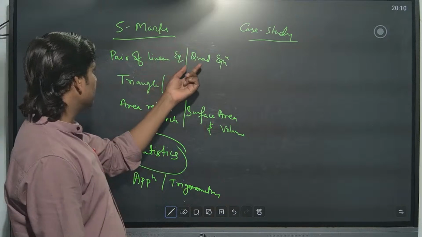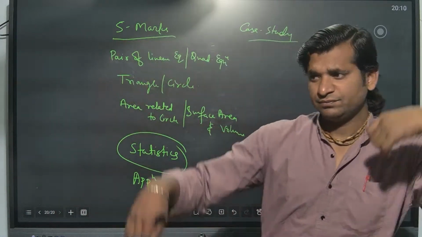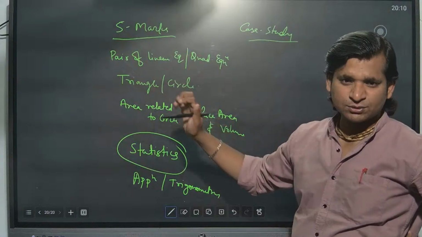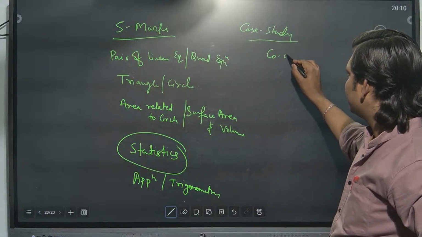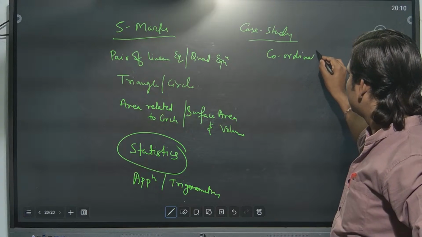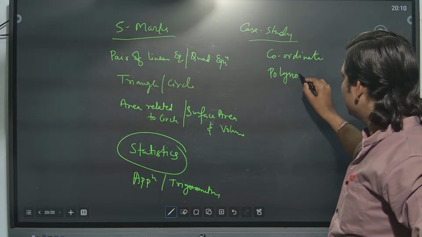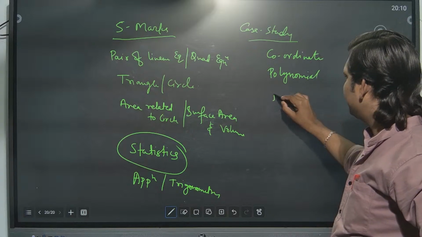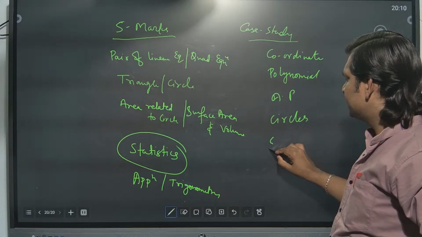If suppose they have given quadratic equation, they will give a case study from one of them or a 3 marks question. So these are case study chapters: coordinate, polynomial, AP, circle, statistics.